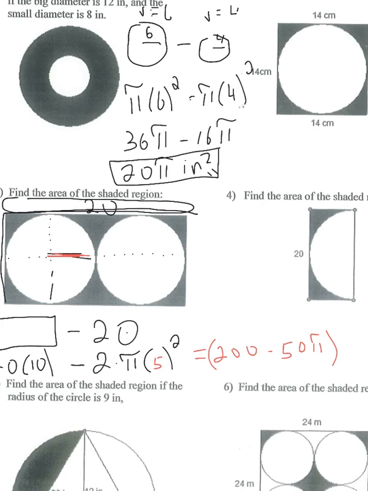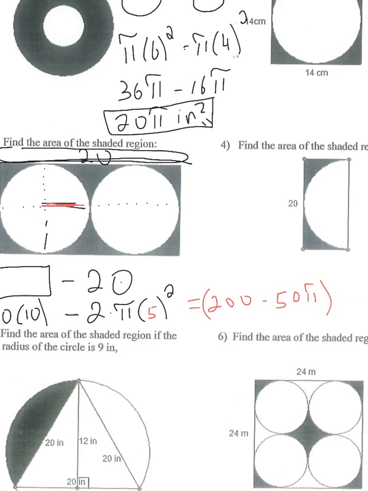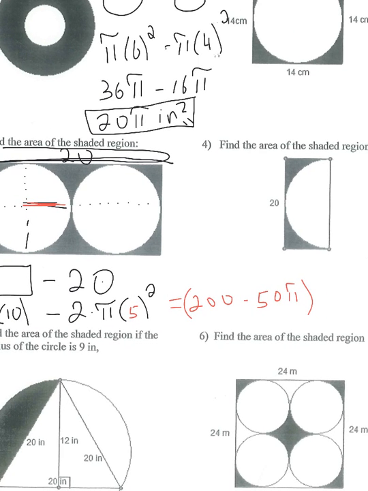And let me double check where the units are in this case. We don't have units, so just say 200 minus 50 pi units square. Okay, if you want to get the approximation, just do on your calculator 200 minus 50 times 3.14 and that will be your answer.